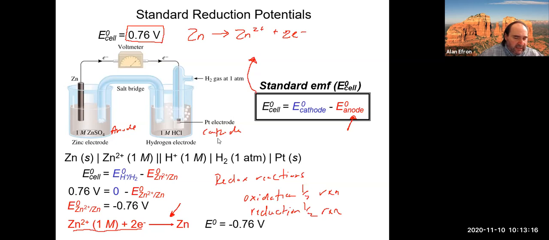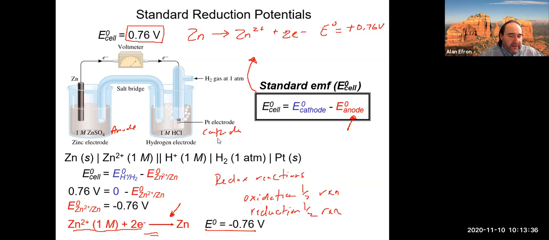Not really the reduction reaction that we would find in the table, which means actually the E of the cell for this reaction would be the opposite sign, positive 0.76 volts. So if we went to the table, we would find this value here for zinc.